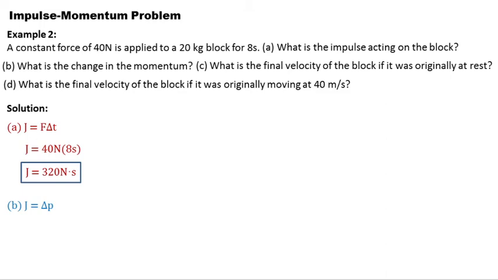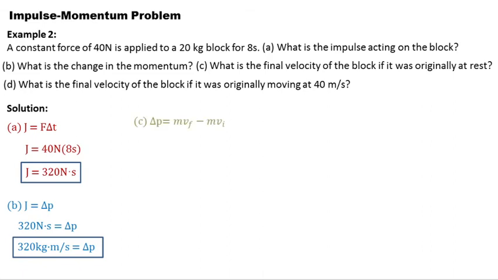So, change in momentum is equal to impulse. So, therefore, change in momentum is equal to 320 Newton seconds, or equal to 320 kg meter per second. So, yan ang ating change in momentum.